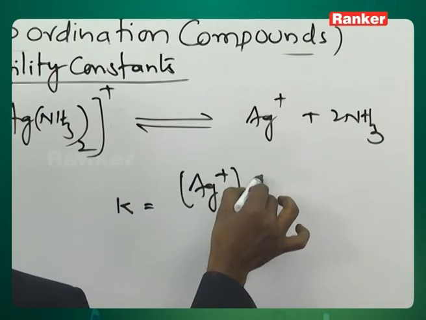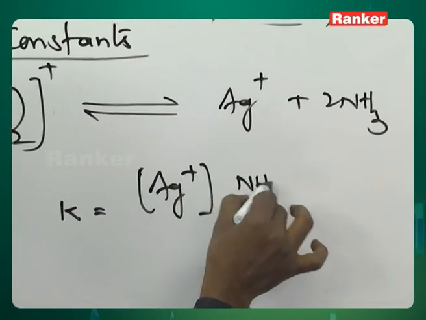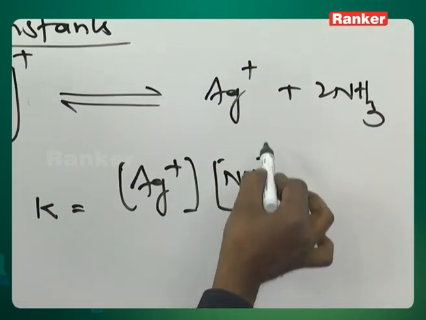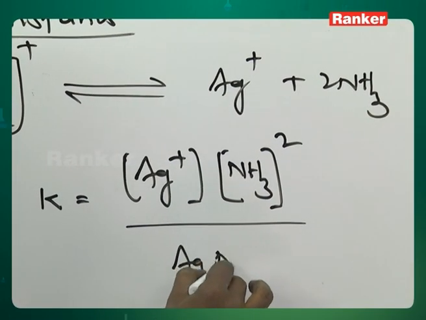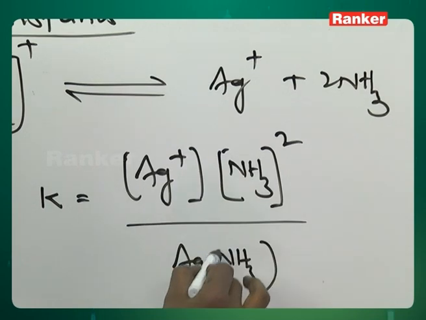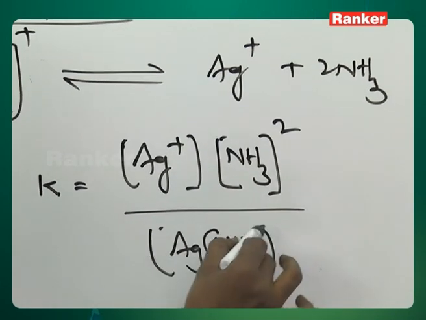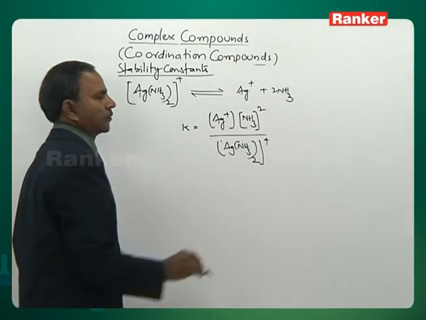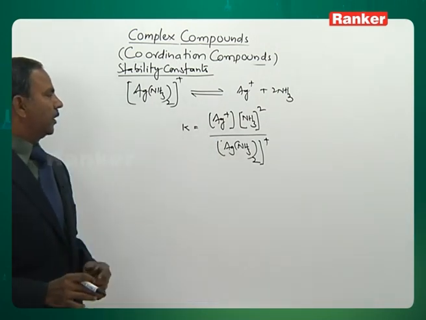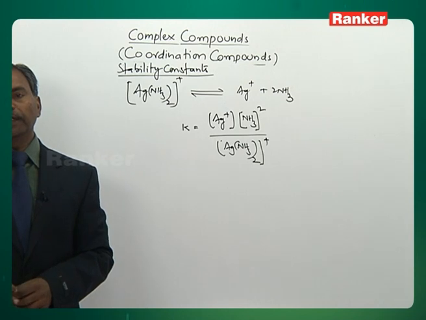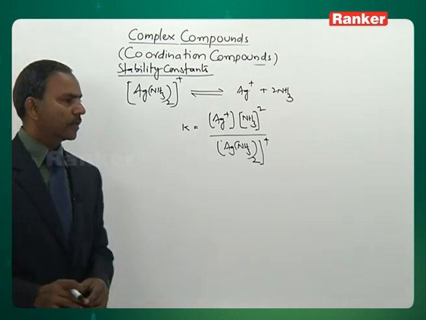Ag+ plus NH3 squared, over [Ag(NH3)2]+. This is the equilibrium constant for this particular reaction: K equals [Ag+][NH3]^2 over [Ag(NH3)2]+.